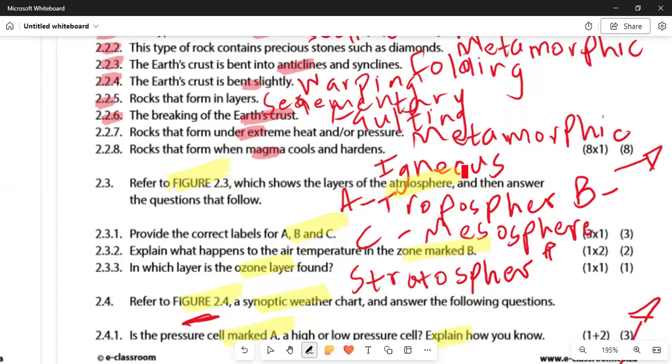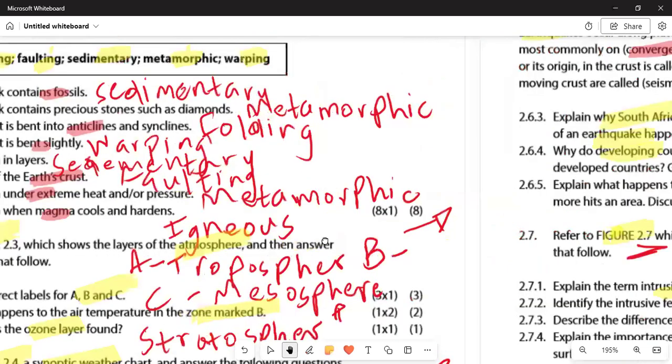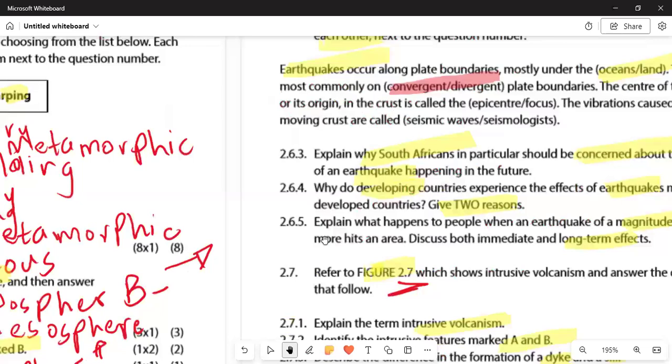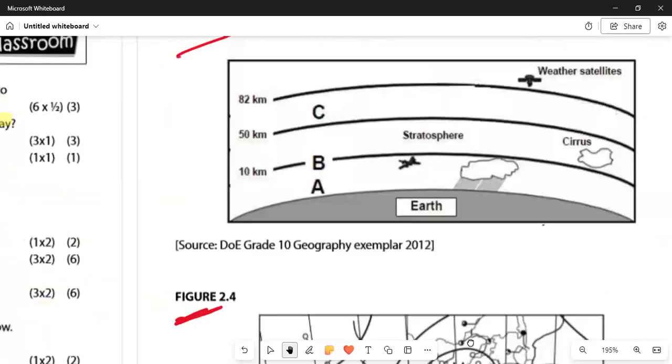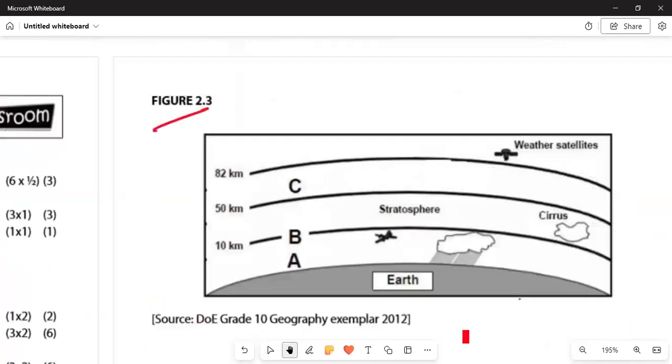And then it says 3.2, explain what happens to the air temperature in the zone marked B. So according to the structure, A and B, it is the troposphere, and the C, it is the stratosphere. That is what we can see there according to those labelings that we have studied.